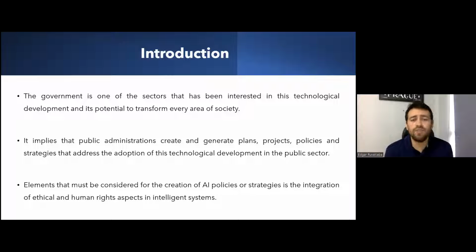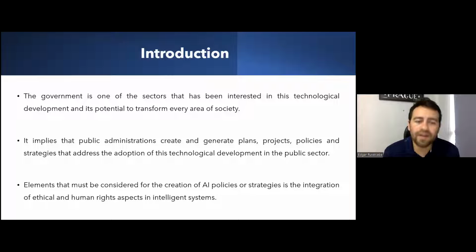Following this idea, we can say that a lot of public administrations, mainly at the national level, are creating plans, projects, policies, and national strategies to address this important point, artificial intelligence.